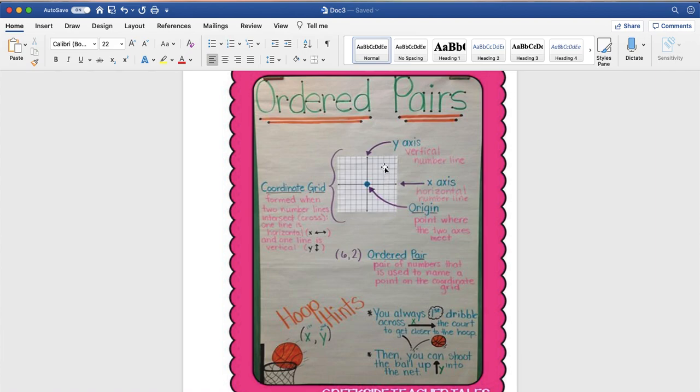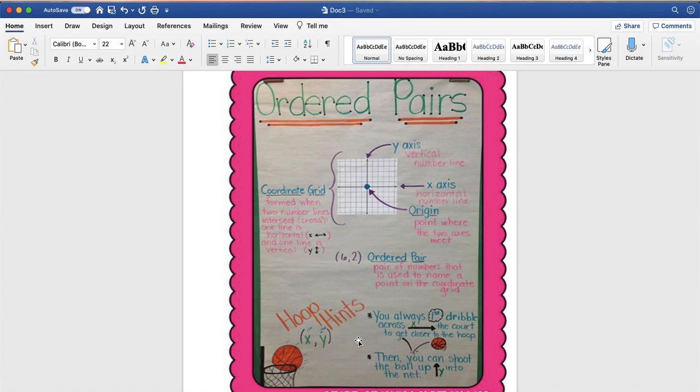And we then plot just 1 point. So we write the parentheses, then we write how far we had to run. We separate it by a comma. And then the next one is we write how high we had to jump, and we close our parentheses. And that's how an ordered pair looks.